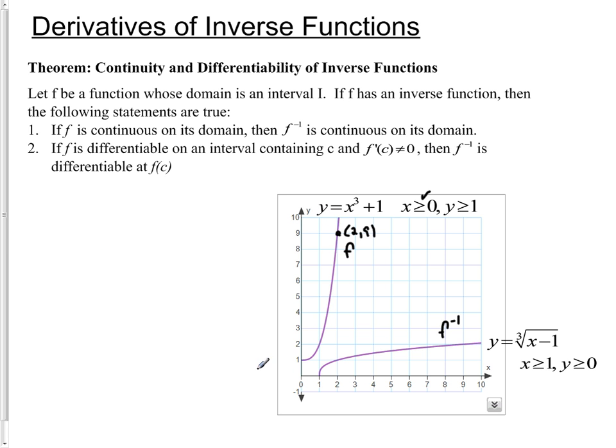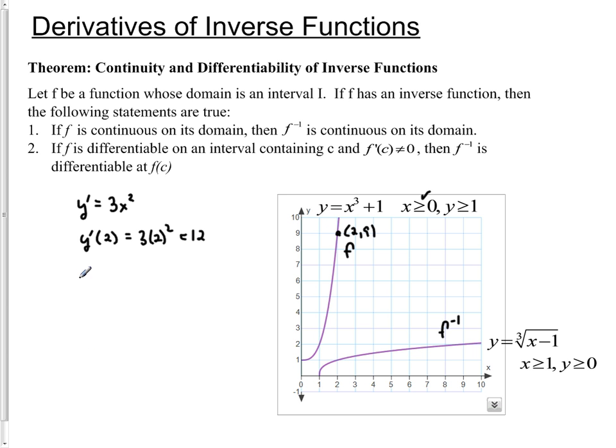But in this case, what else could we say? Well, if we were to find f prime of x, y prime in this case is equal to 3x squared, and when evaluated at x equals 2, it gives us 3 times 2 squared, which is to say a slope of 12.